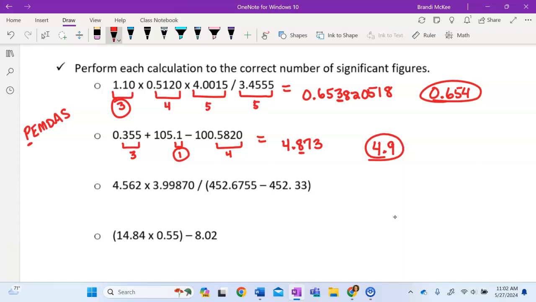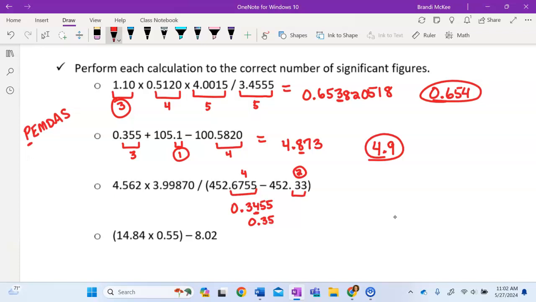So I subtract those two numbers, and the calculator gives me 0.3455. When I subtract, I look at decimal places. So that one's 4, that one's 2. I'm going to be limited to 2 decimal places, so it's right there. It has a 5 after it, so that's going to round up to 0.35.